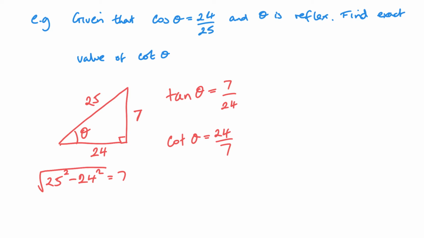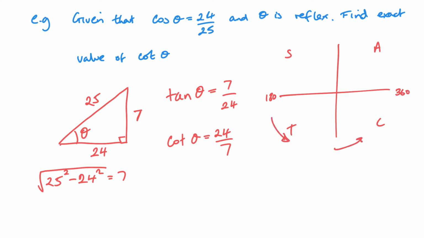So for this one, what I would do is just think back to our CAST rule method. So reflex means that I'm looking between 180 and 360 degrees. So I'm looking in this section here, and what I've got here is that cos theta is 24 over 25.